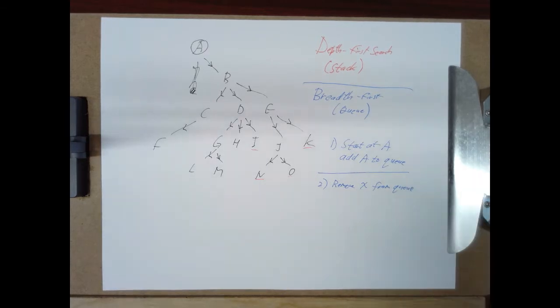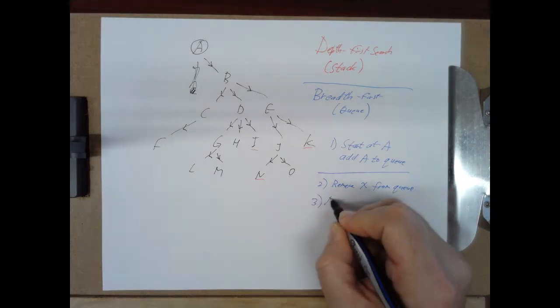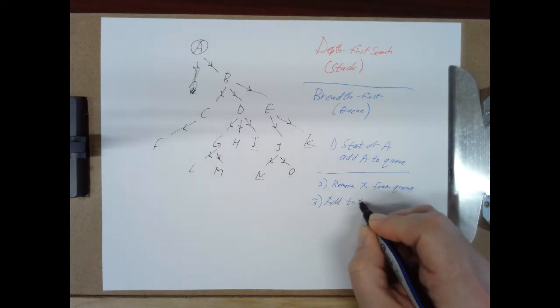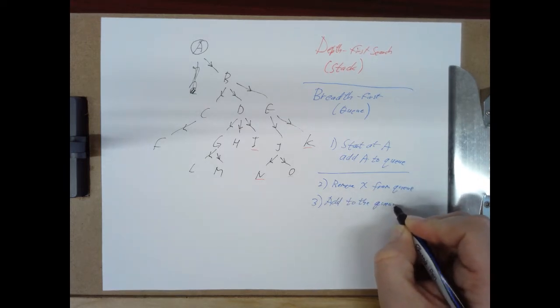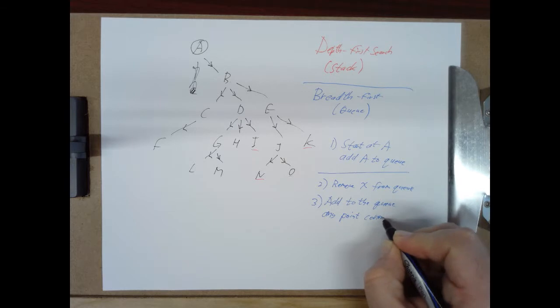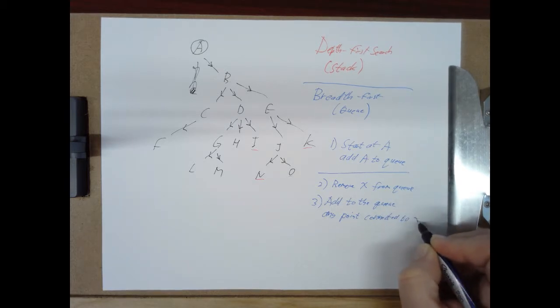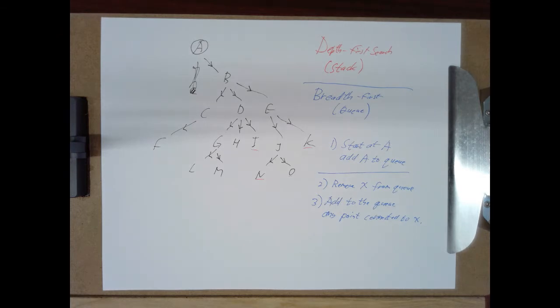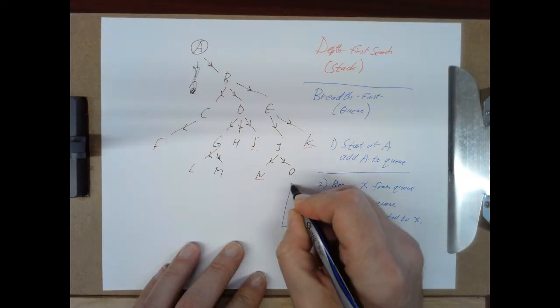So remove whatever's at the head of the queue and put that into some temporary variable X. Okay. 3, add to the queue any point connected to X. And then 4, go back up to 2.